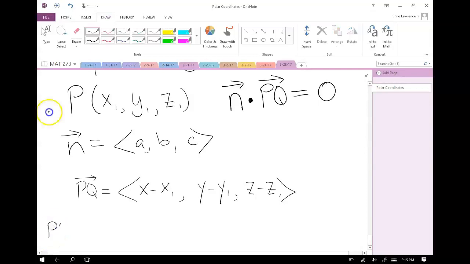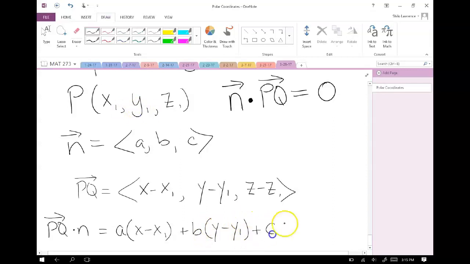So PQ dotted with n. The dot product is where we multiply corresponding components and add the results. n has components a, b, and c. So this is going to be a times x minus x sub 1, plus b times y minus y sub 1, plus c times z minus z sub 1.